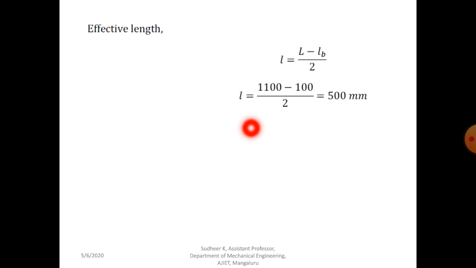You can refer to figure 11.12, the leaf spring. The length is the distance from one of the U bolts to the eye of the spring. So you get the effective length as 500 millimeter.